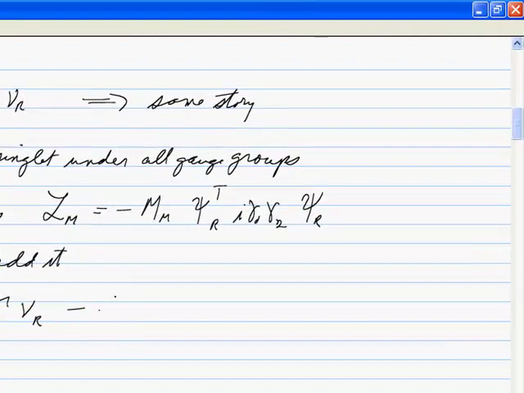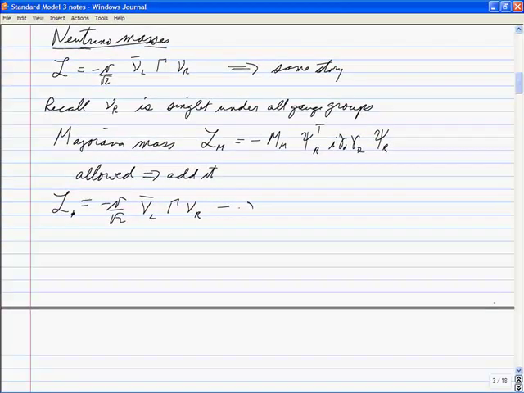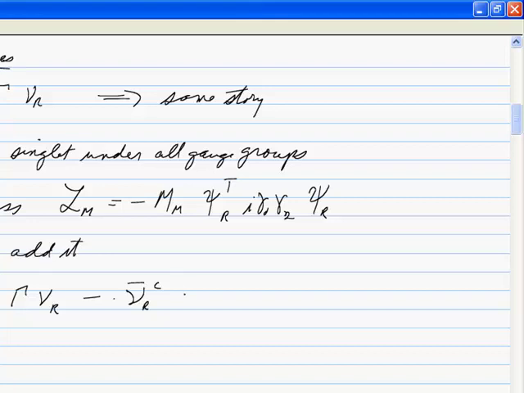I'll put it as a matrix, minus. So we can write this as nu bar right conjugate, Majorana mass matrix, nu right. Okay, so this is psi bar conjugate.